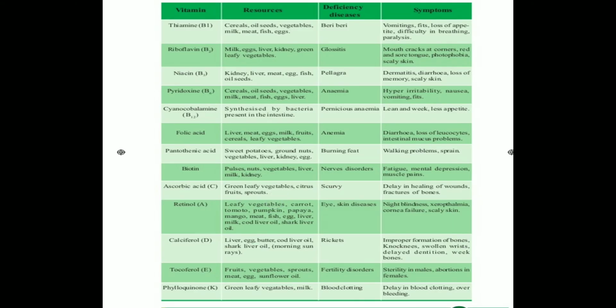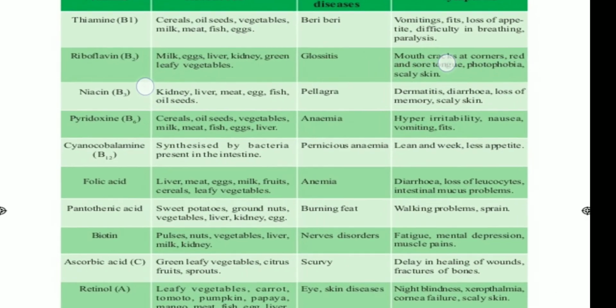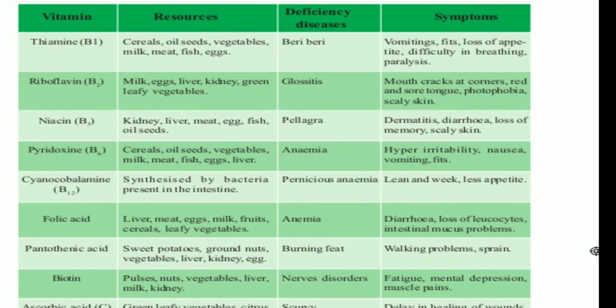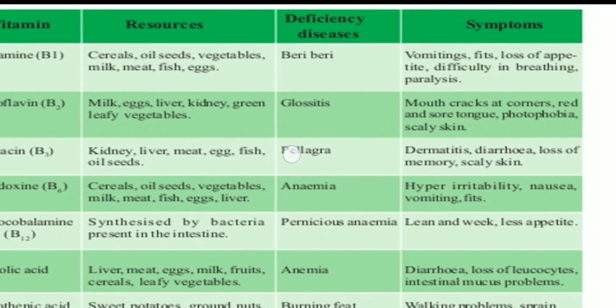In the next slide, you can see the picture. We have the different names of the vitamins, then their sources, then their deficiency diseases and symptoms. Each one is dealt with in detail. First one is thiamine. What are the sources of thiamine?